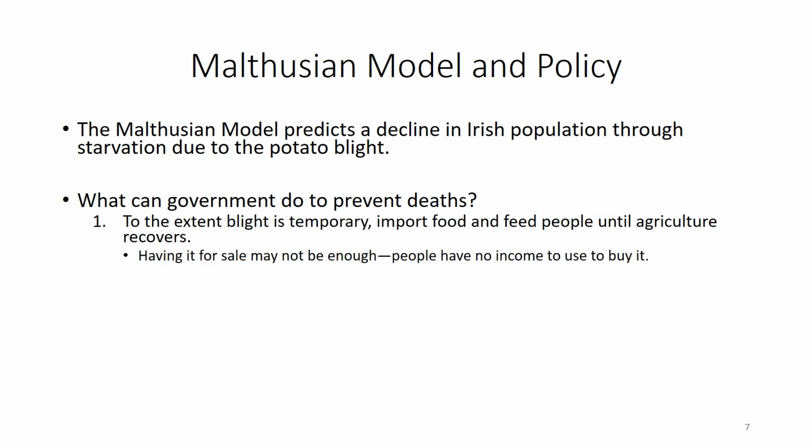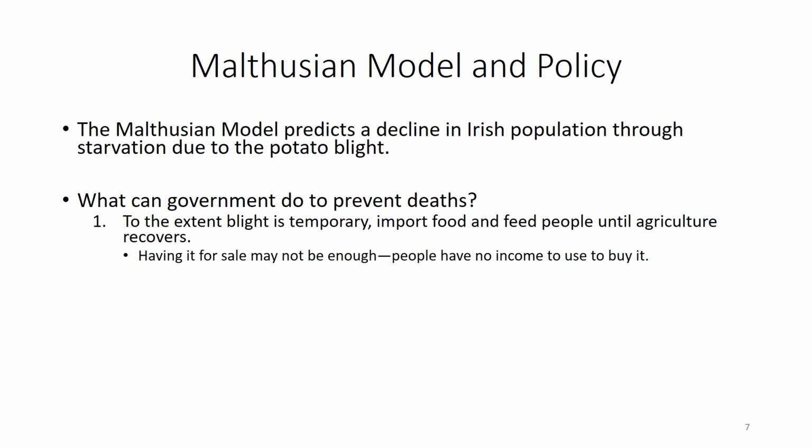Well, one thing that it could do would be to import food and feed people until the blight has passed. This would be the best course of action if we thought that the blight and its reduction in agricultural productivity was a temporary thing, maybe lasting for only a few years, but then something that could be recovered from.